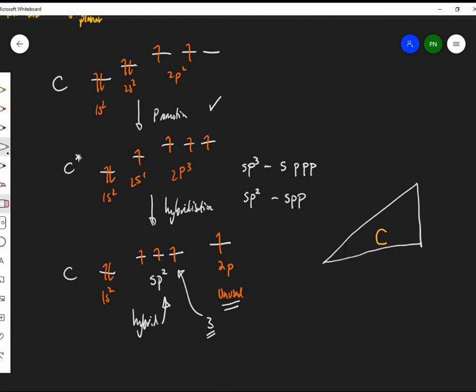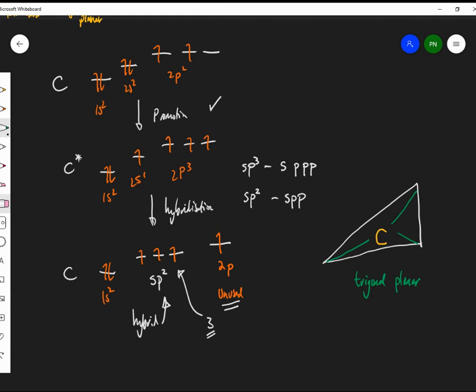I don't want that triangle, I want that one. And this is one. They're all in the same plane. Do you understand that? It is trigonal planar around that carbon.